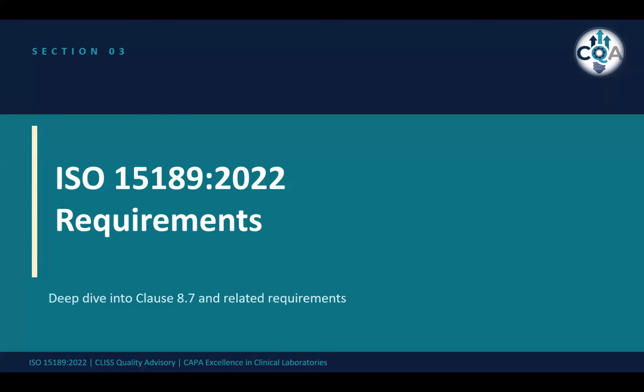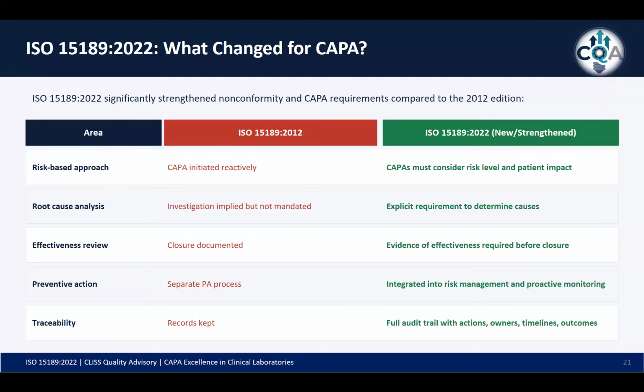Now let's take a deep dive on the requirements of ISO 15189:2022 as documented in clause 8.7. Maybe before we go there, we make a comparison with the 2012 version that we implemented for 10 years. The 2022 is risk-based.